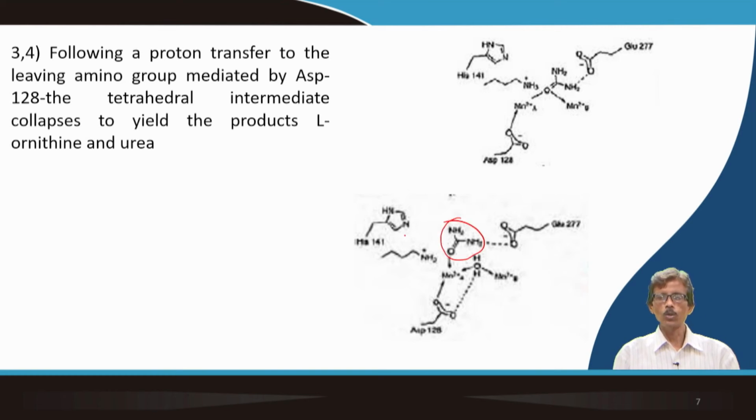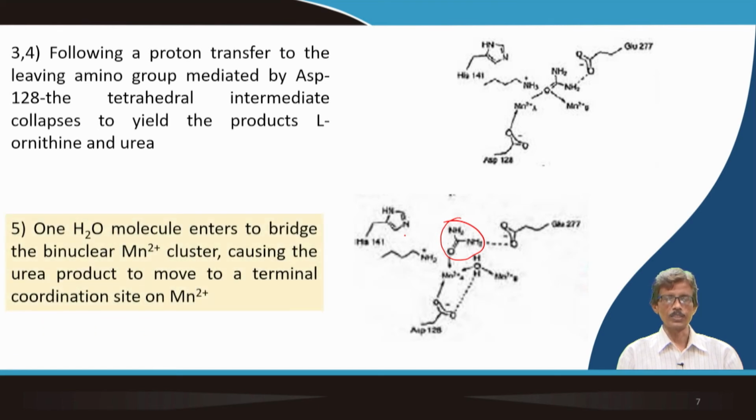This urea molecule is not going away immediately when it is forming. It is being trapped inside that particular active site where the two manganese centers are, but it is no longer under the control of the hydroxide bridge. So, once that vacancy is created, a new water molecule will come and occupy that position, because the dimanganese entity can only be stabilized with either a water bridge or a hydroxide bridge.